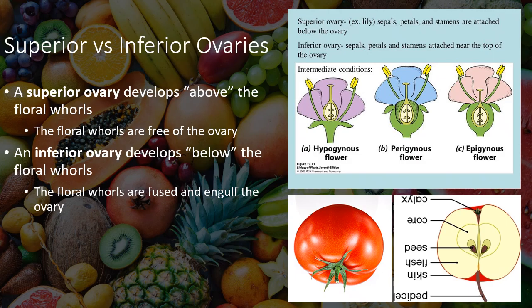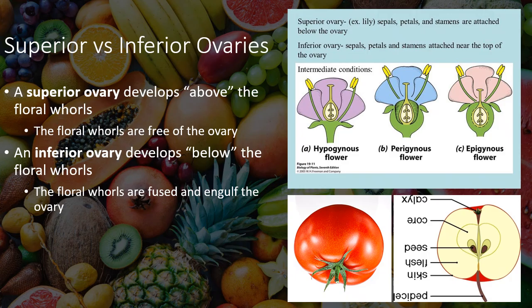Moving over to the other extreme of our diagram, we see a pink flower which is labeled epigynous. Epi means on top of, and gyno is female, right? So that means on top of the female flower. And in this case, it would appear that our floral whorls, our calyx or the sepals, our corolla or the petals, and our androecium or the stamens are all attached above the ovary.